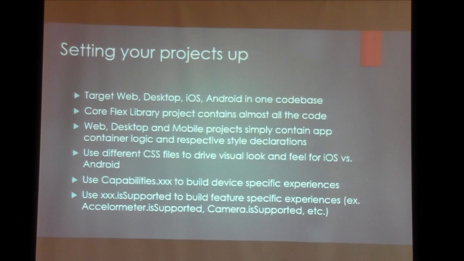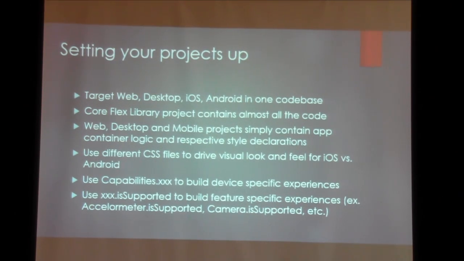Put all your code in that, all your model and controller logic. The only thing that your web, desktop or mobile application project should be is a shell that calls your main component, and not even the styles, because the styles are all in one CSS, since you can target different devices with the same style sheet.